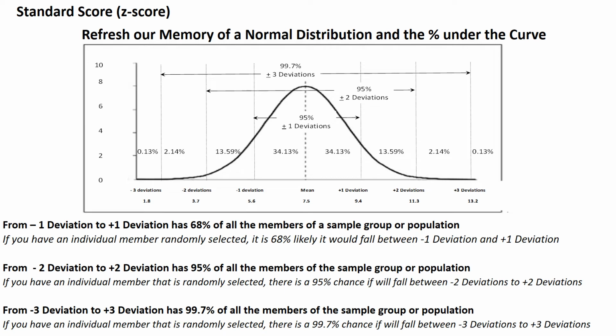So if we have a group of 1,000 unique points and it's normally distributed, and we'll explain more about normal distribution, how this comes about, you will see 997 of those 1,000 points will fall between -3 and +3 deviations. 950 out of that 1,000, or 95%, fall between -2 and +2 deviations. And then 68% fall between -1 deviation and +1 deviation, or 680 of them.